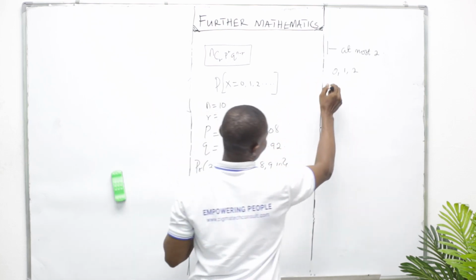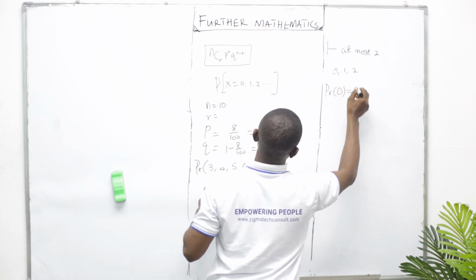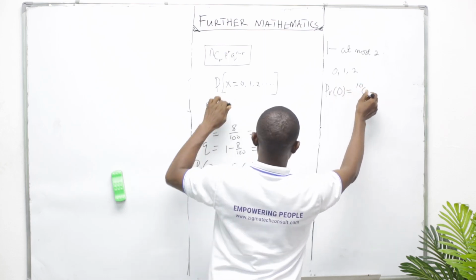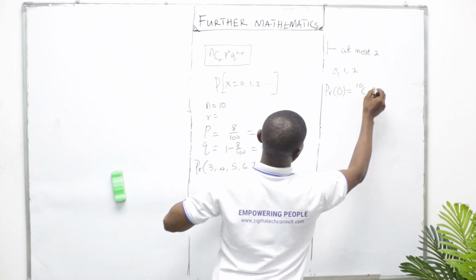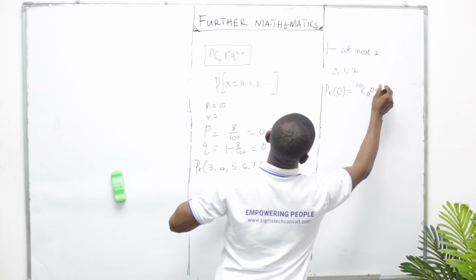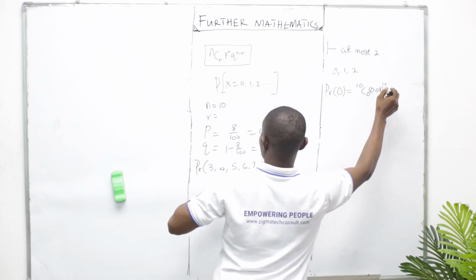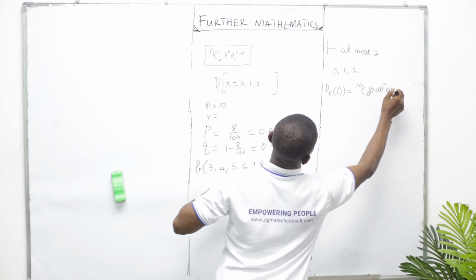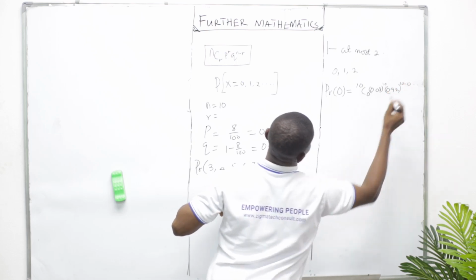Now I want to solve for probability of r = 0, which will give us 10 combination r, which is 0, into p, our p is 0.08 raised to power r, into q, what is our q? 0.92 raised to power 10 minus 0.